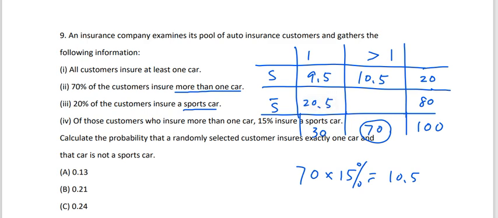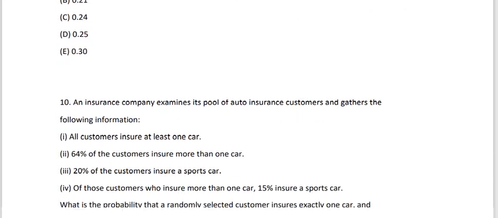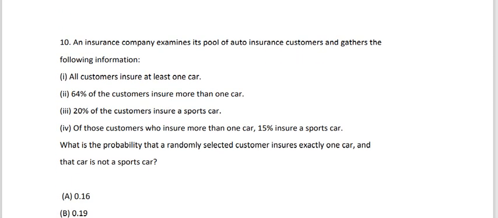So what is the question? We want to find the part which insured exactly one car, and that car is not a sports car. So just this one, right? One car, not a sports car, 20.5. Okay.